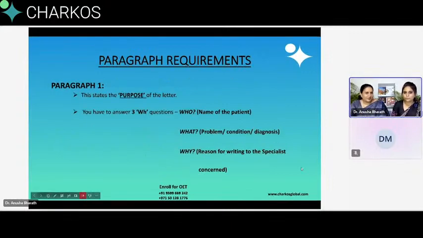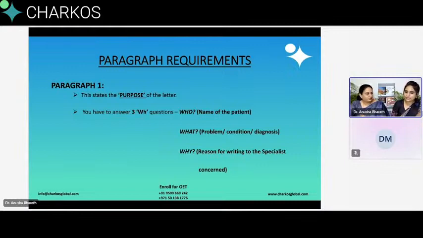Well, when we look at the paragraph requirements, could you please highlight what is important to state in the first paragraph? Sure. You see, the first paragraph sets the tone for your letter. So it states the purpose. The purpose has to be clearly set. You're not supposed to give us all details of the patient in the first paragraph.